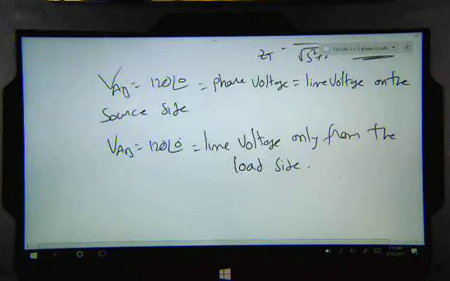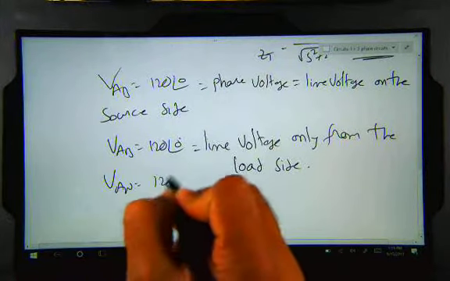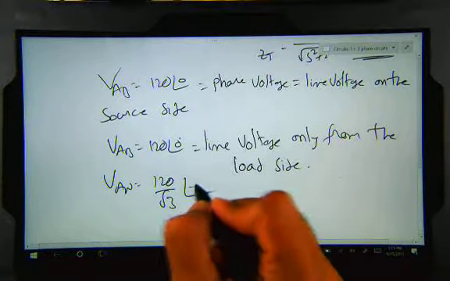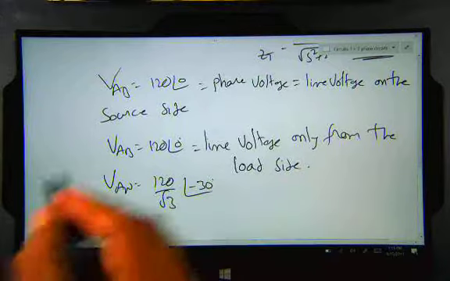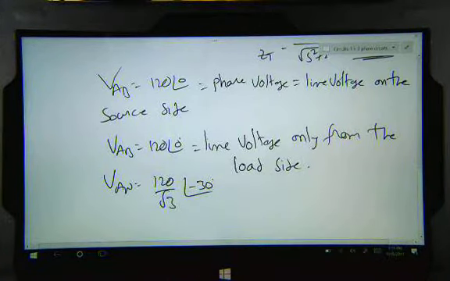So to get the phase voltage, VAN equals 120 over square root 3 at an angle of minus 30, because there is a 30 degrees angle between the phase voltage and line voltage. Line voltage always leads the phase voltage in a star connection.